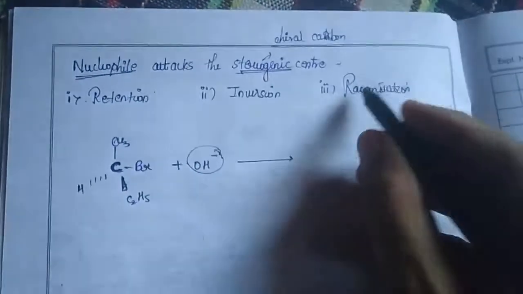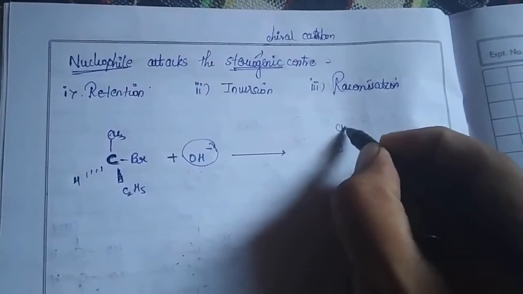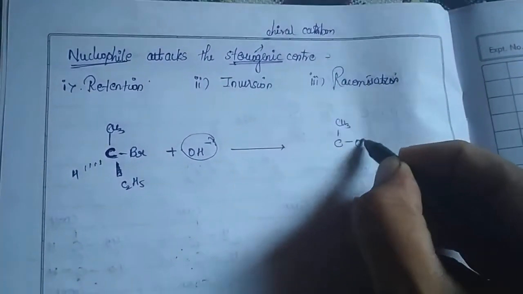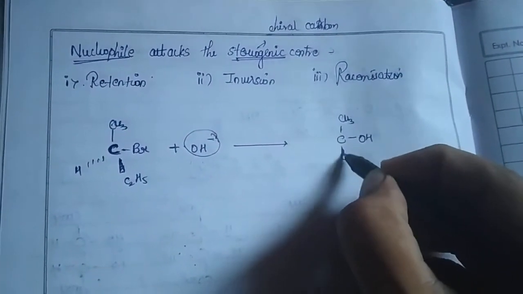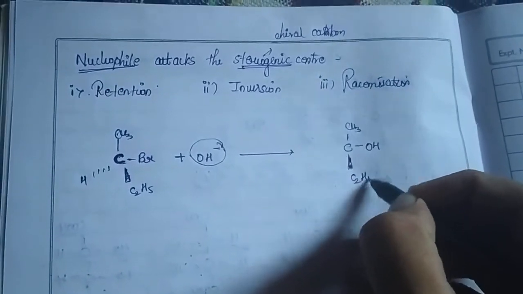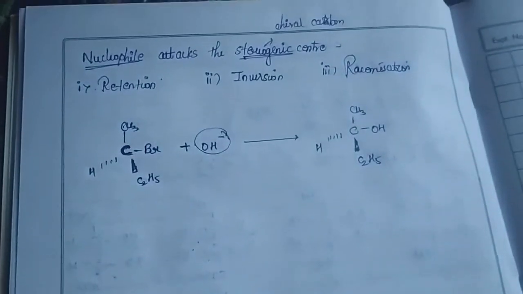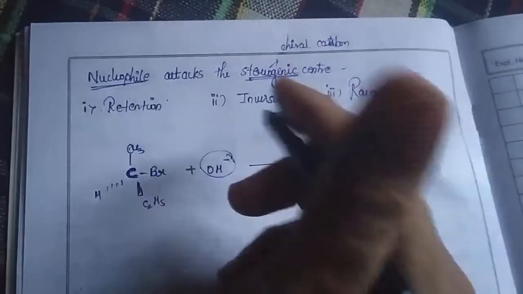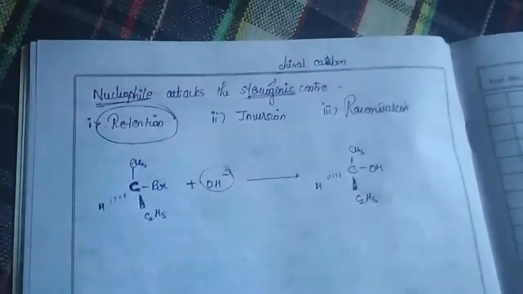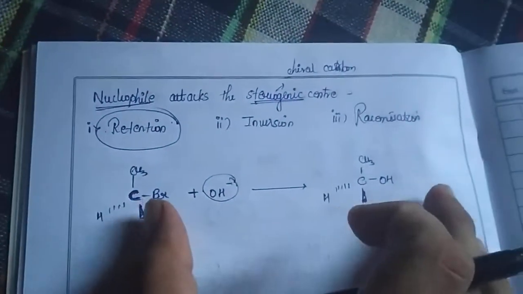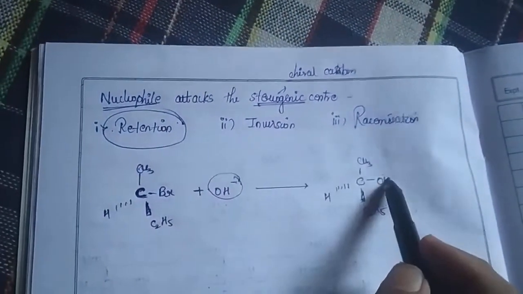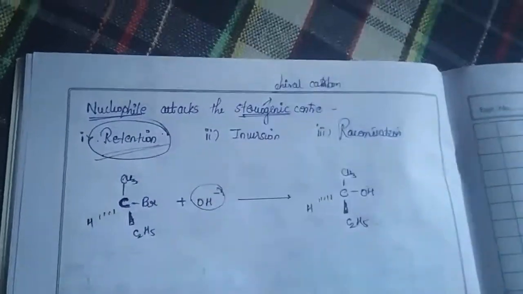What structure am I going to get? CH3, OH, C2H5, and H. This reaction is called retention. Whatever the reaction, the product has been formed with retention.